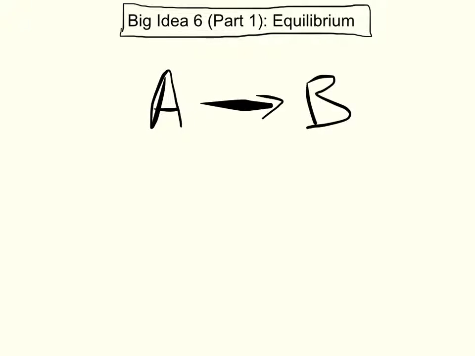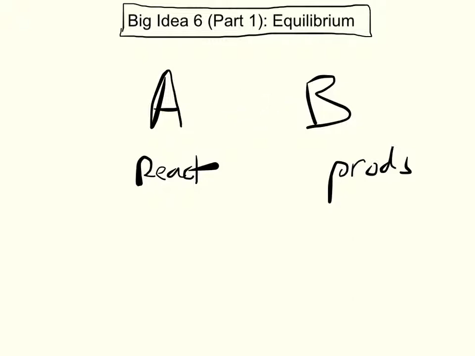So, just to remind ourselves, most reactions that we've learned occur from left to right, where we have some reactants that get converted into products. Okay? But nearly all reactions that occur don't just occur in one single direction.